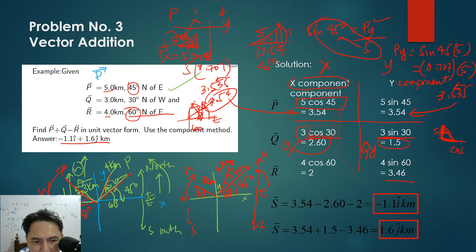The hypotenuse is 4 times cosine of that angle, which is 60. We will have this side. So what are we going to do with this? We are going to algebraically sum up. We got the algebraic sum because here is the resultant or the sum. So 3.54 minus 2.6.